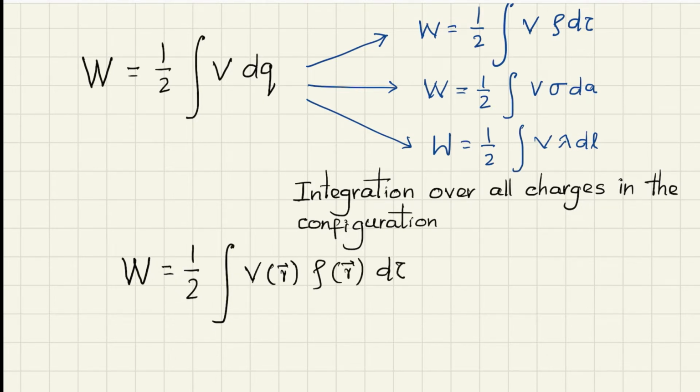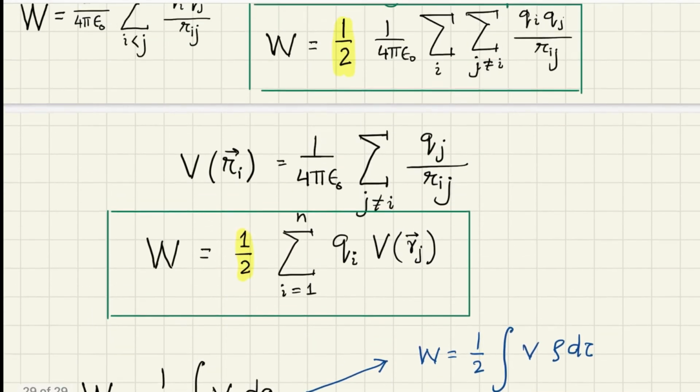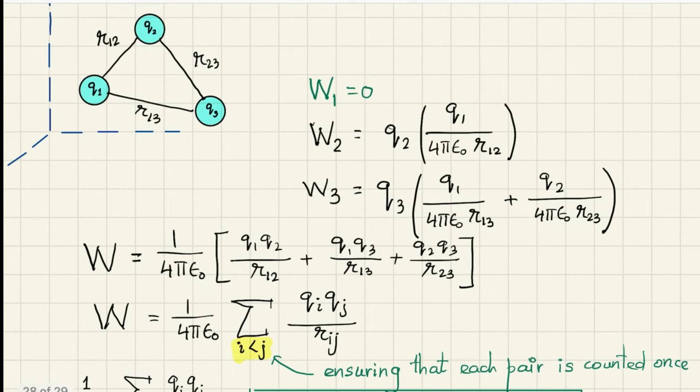That is indeed the master formula for a charge configuration, for finding out the work done and hence the energy stored. One thing you can notice is that when I was bringing in charges and collecting the work done, this could have been positive or negative.